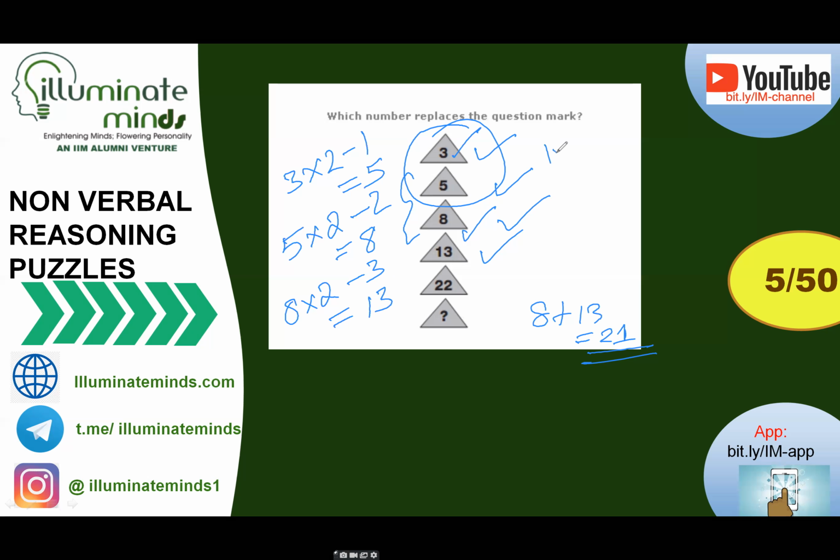So 13 into 2 minus 4, 26 minus 4, 22. That also fits in. Then the last number will be 22 into 2, 44 minus 5, which will give me how much? 39. So 39 seems to be the correct answer in this case. Okay.